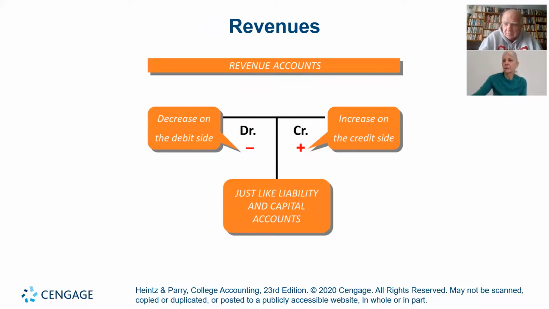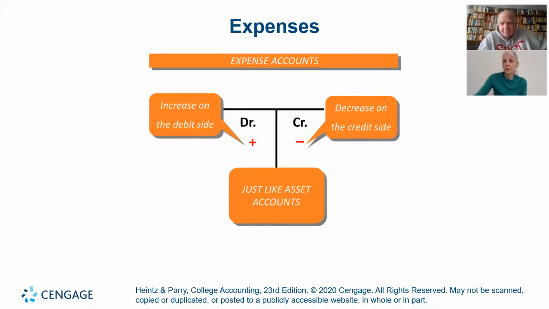Revenues, credit balance. We love seeing credits on the income statement. Sales have a normal credit balance, therefore expenses would have the opposite.